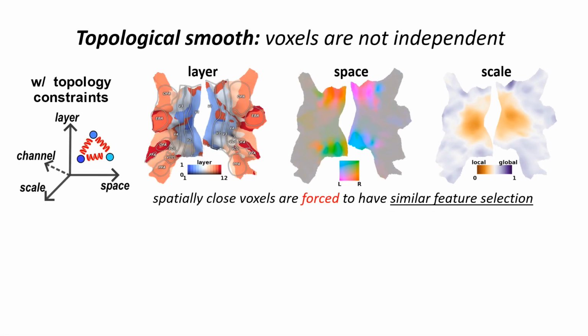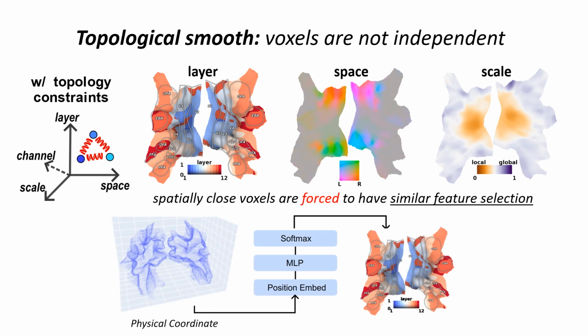Another key aspect of our method is that we use the topological structure of the brain to improve the feature selection. The motivation is that spatially close voxels have similar functionality, and therefore they should select similar features. In practice, the topological constraint is implemented by an MLP that takes voxel coordinates as input and outputs the selection weights. This MLP enforces local continuity and forces voxels with nearby coordinates to select similar features.